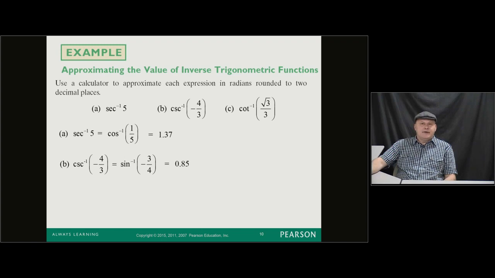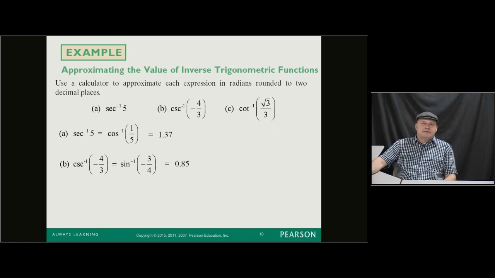I put that in the calculator just in my head. I think the sine inverse of 3/4 is 0.85. But this is negative, so it's going to be in the fourth quadrant, so it's -0.85 radians. So definitely write this down in your notes and make that correction for me right here. You might want to pause for a second and do that.